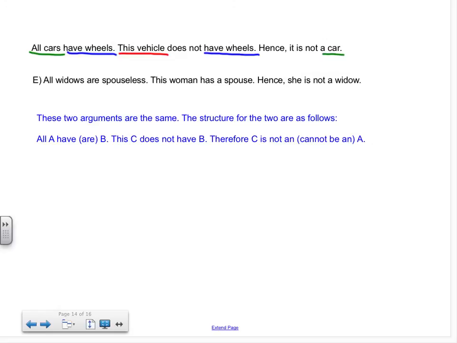So let's break this down algebraically. All A have B. This vehicle, or this C, does not have wheels.